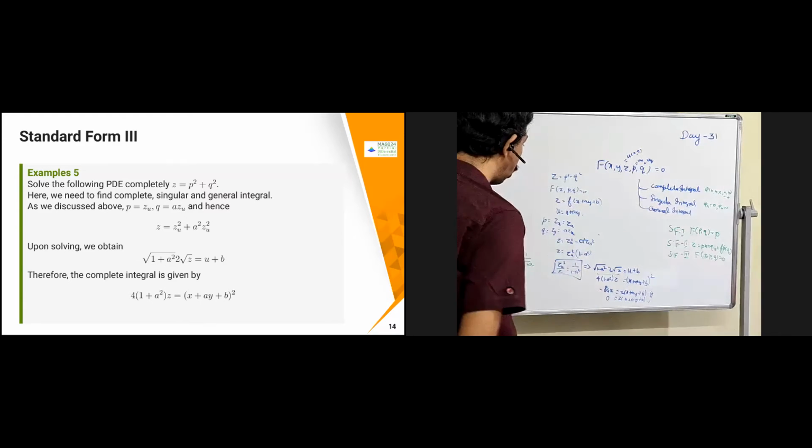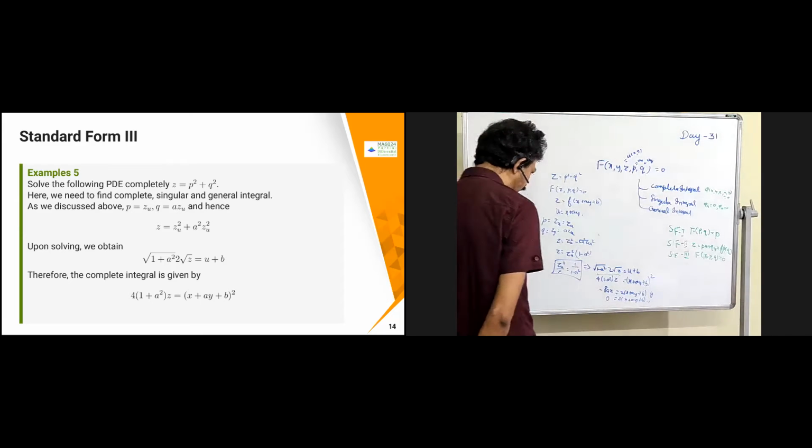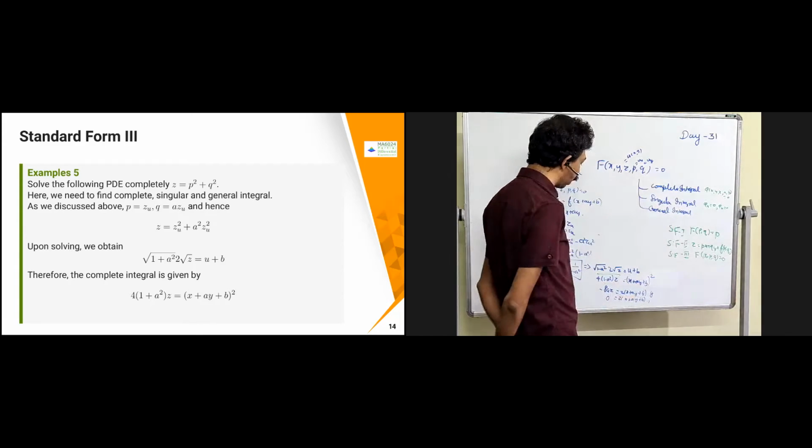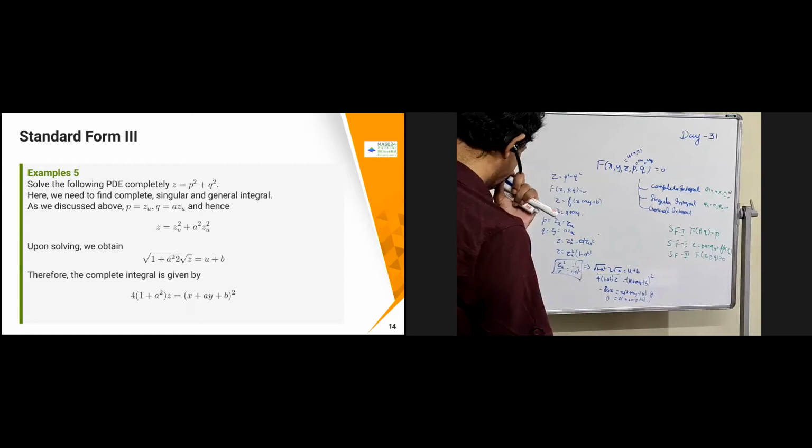If I divide one by the other, 1 by y is going to become 0. So if you solve this equation, you can get the answer for z.